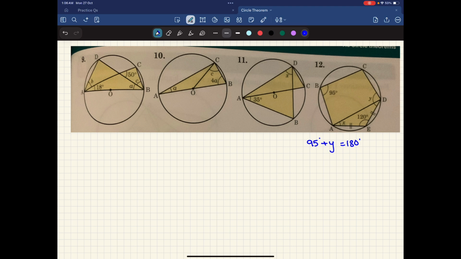So y is going to be 180 minus 95 degrees, which is 85 degrees. Okay, actually not y, only part of y. So this is 85 degrees. And y is this bigger angle, this entire angle.